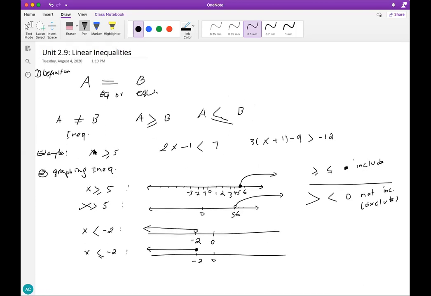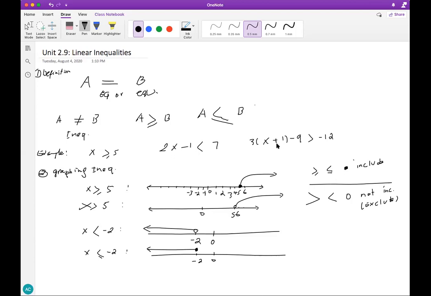So the graphing is quite easy, but sometimes the inequality is not always in this form, which is convenient. The x is not always by itself. It could be like this or like this. So we don't know how to graph this yet. First, we need to solve them and make them look like this. Basically, we need to get the x by itself. Only x, no negative, no number or fraction.